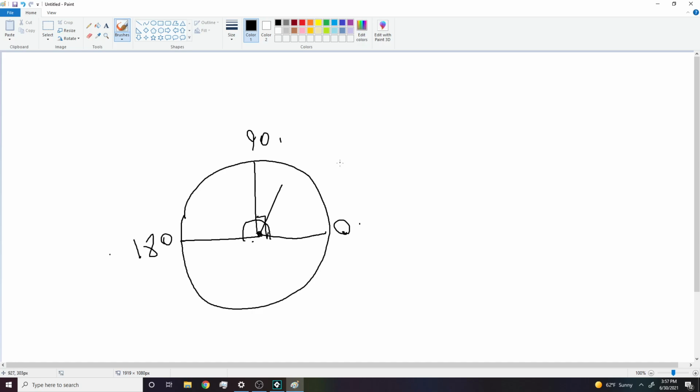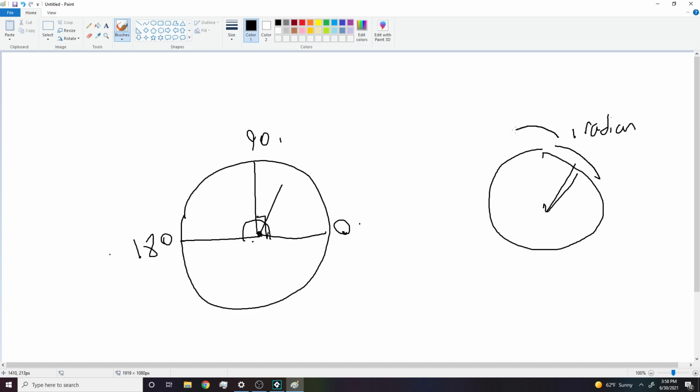And in radians, a radian is what you get if you took a radius of a circle and put it around the circumference, the outer edge of the circle. You would end up getting 1 radian. It's just the length of a radius put over this edge.